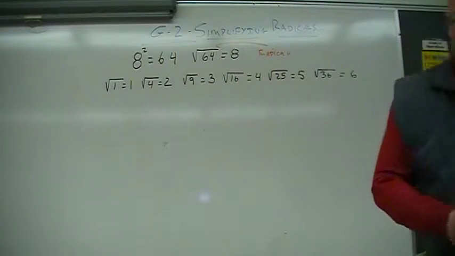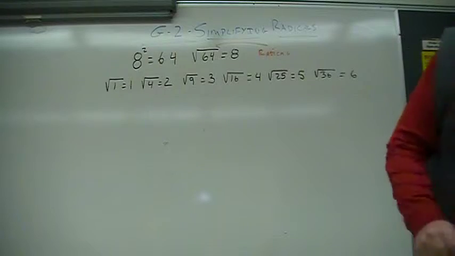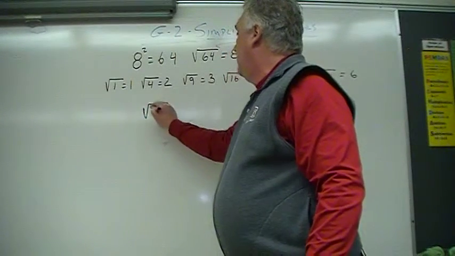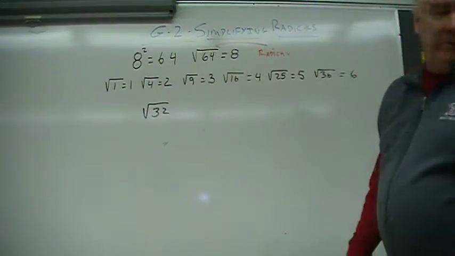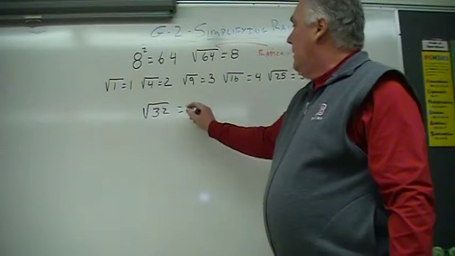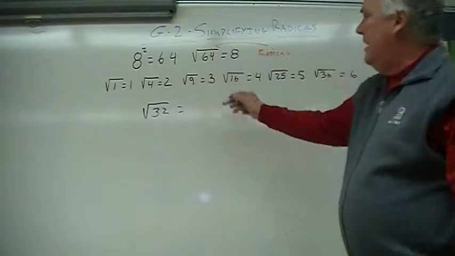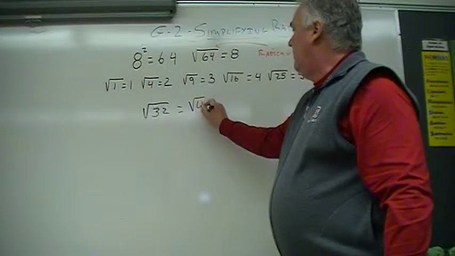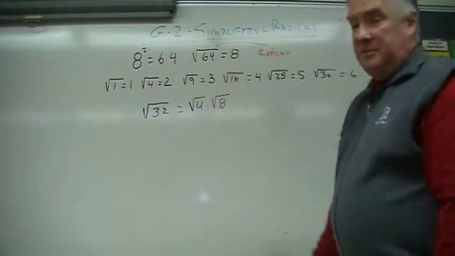Let's try another one. Square root of 32. So what goes in? 4, 9, yeah, 4 does. Square root of 4 times the square root of 8.